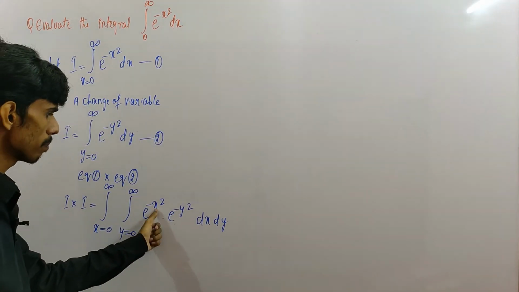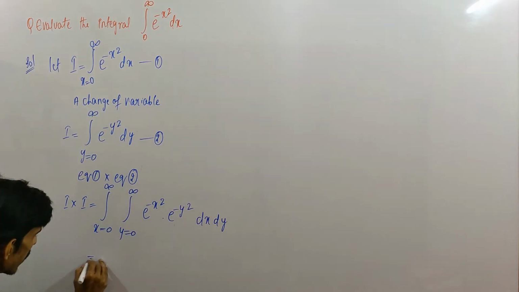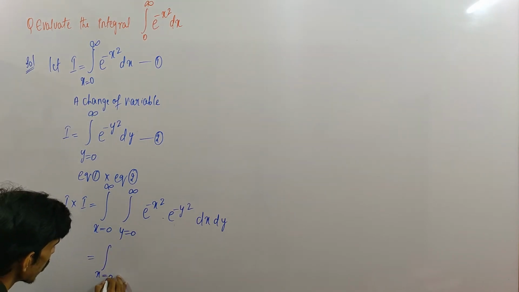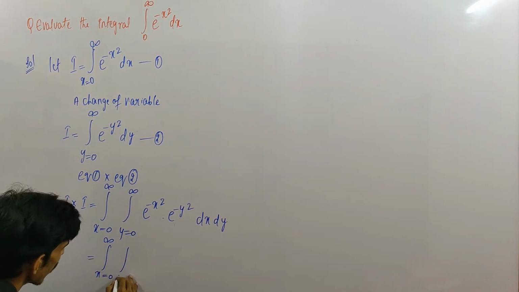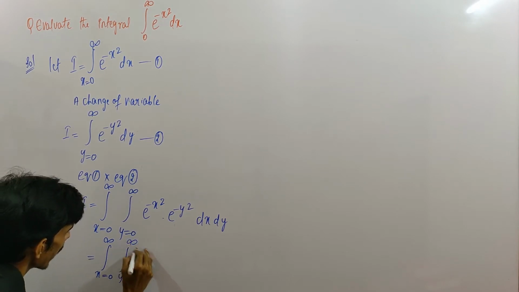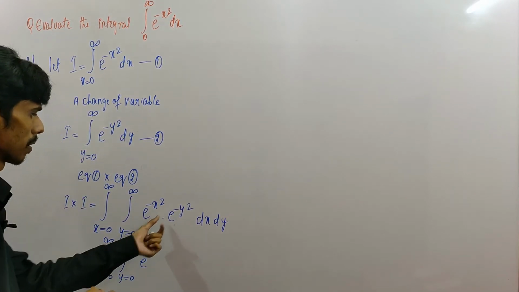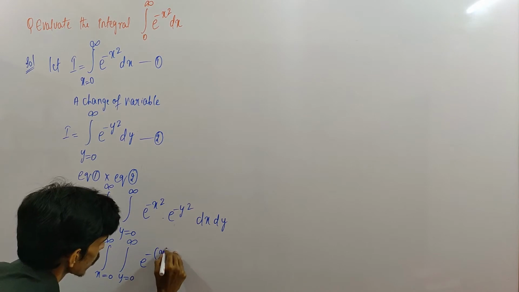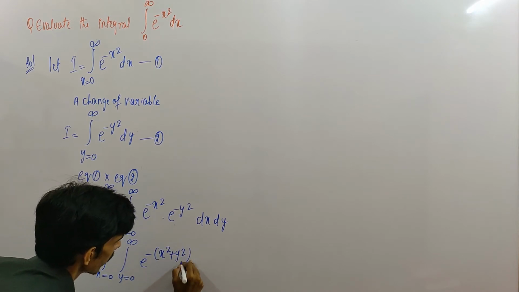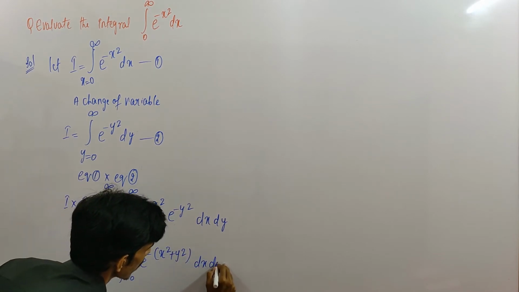Here the bases are the same, so the powers should be added. This will become integral x equal to 0 to infinity, y equal to 0 to infinity, e power of minus, taking minus common, x square plus y square, into dx dy.